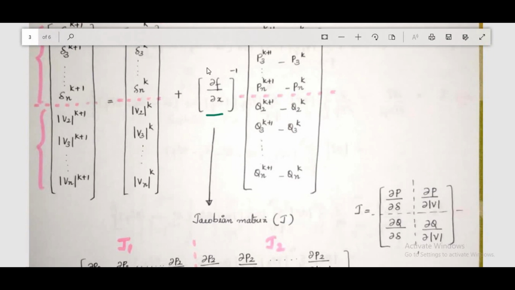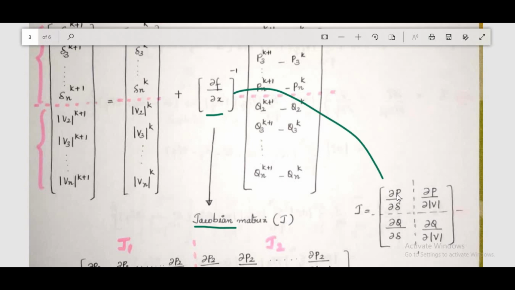Now we will see this part, that is dou f by dou x inverse, and we call this matrix by the name, very important, Jacobian matrix, represented by J. Now you just observe here, it is dou f by dou x. How many f do we have? P and Q. How many variables do we have? V and delta. So what all may be the elements of this matrix? Yes, you can see here.